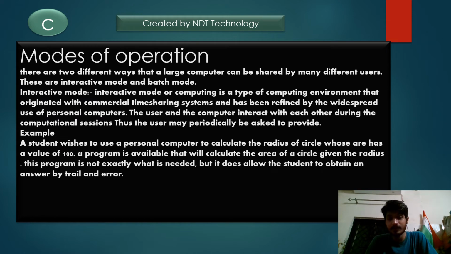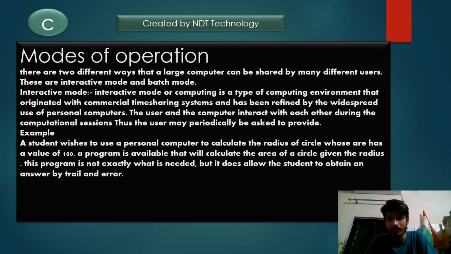All right, so what is interactive mode? I am going to teach you in a simple if-else, algorithm-based way. Suppose the radius has a value of 100 and a program is available. So what will be the problem here? Calculate the area of a circle with a radius of 100.